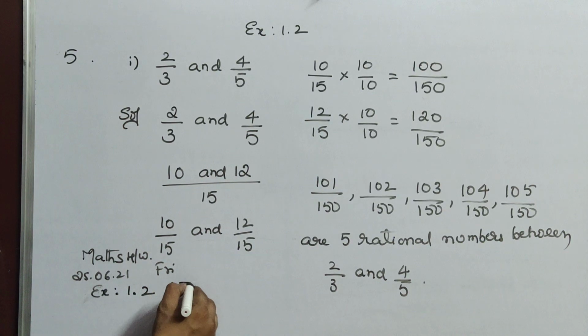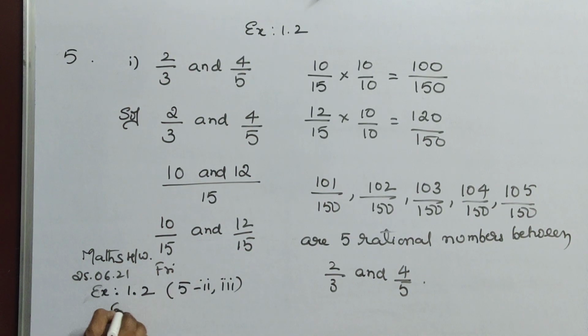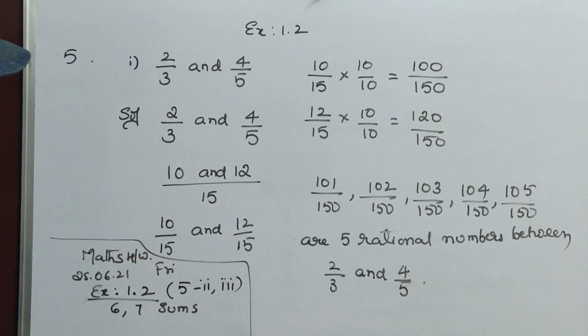Fifth Roman 2, 3. Okay, fifth Roman 2, 3. Sixth sum and seventh sum. Exercise 1.2, fifth Roman 2, 3, 6 and 7 sums homework. Okay, this is your maths homework.